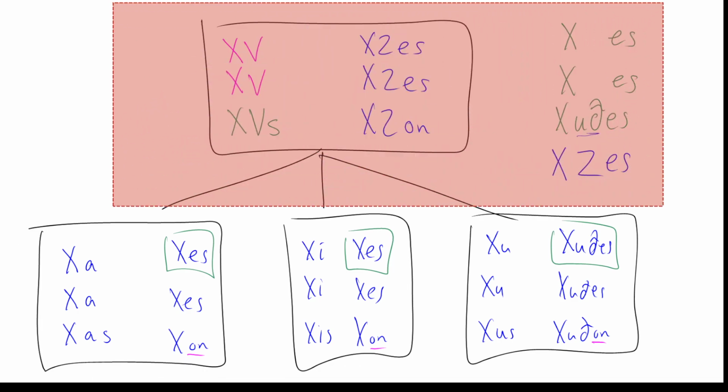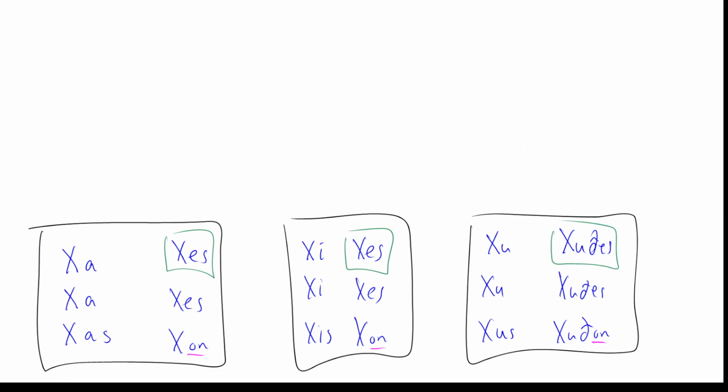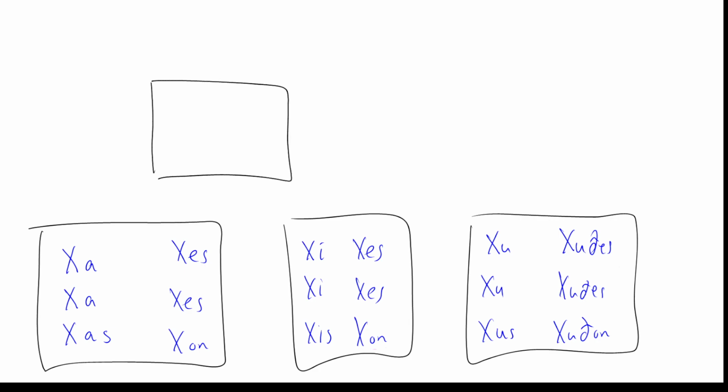Okay, and I'm going to do it on this screen. So you can always go back to the video if you want to see that again. Let me get rid of the similarities. So let's create a box. And I'll make it a little bit smaller here so we have room. That covers just those two. And if we go through, we find some very similar patterns. So XV, XV, XVS.